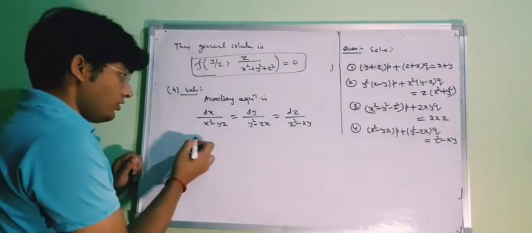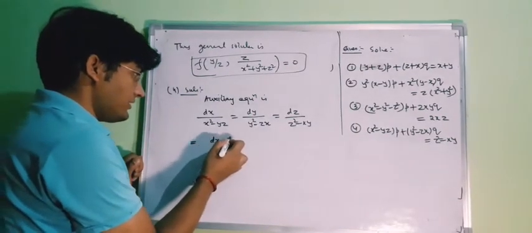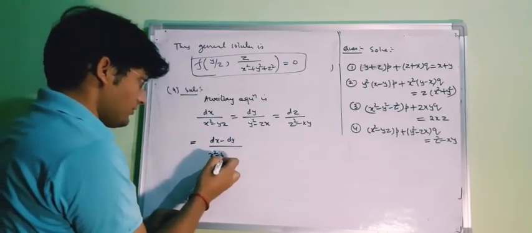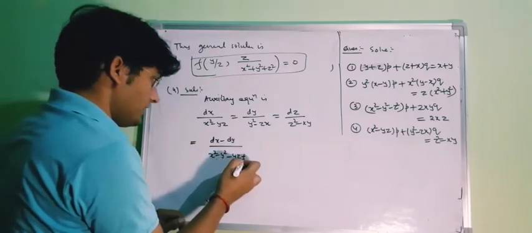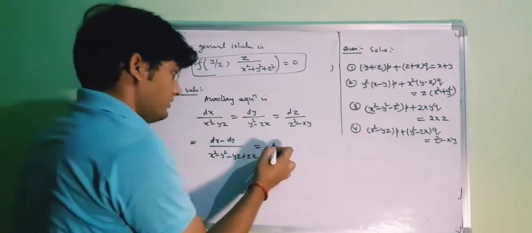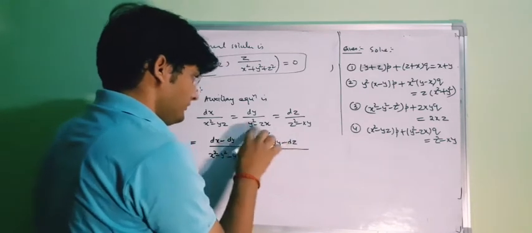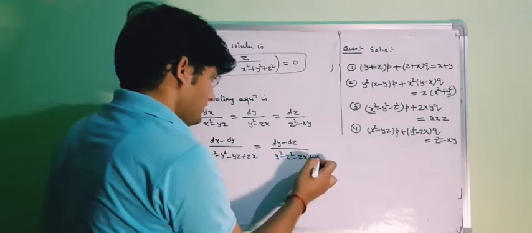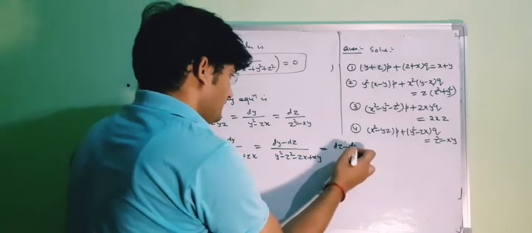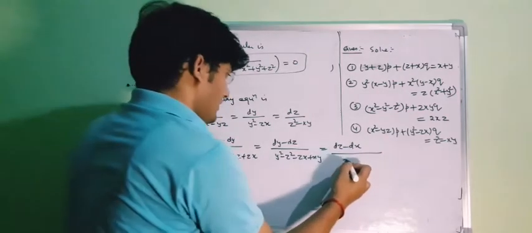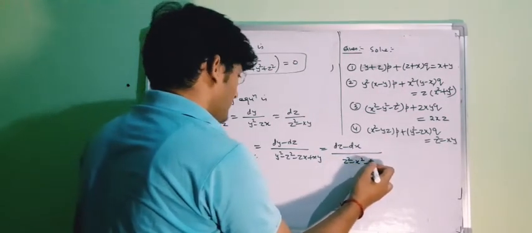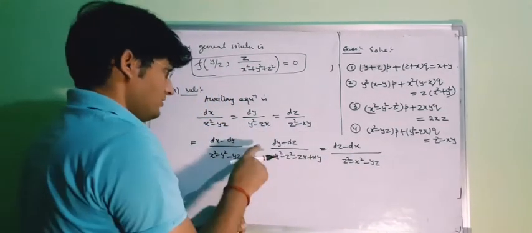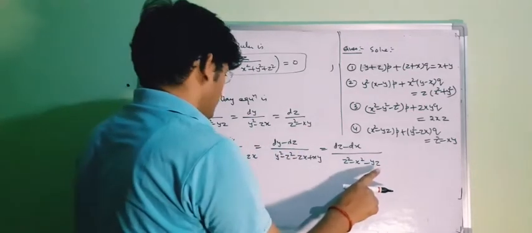So we can also write it as dx minus dy upon, now this will be your x square minus y square minus yz plus zx, equal to dy minus dz upon, this will be y square minus z square, then minus zx plus xy, and dz minus dx upon z square minus x square, then we will have minus yz plus xy.